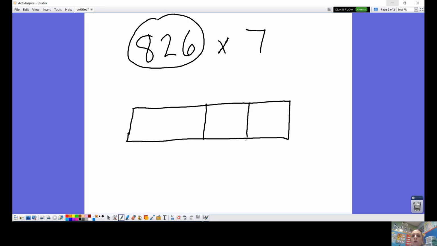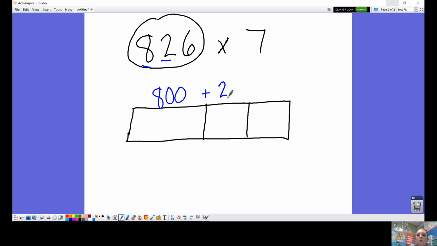Hopefully you knew to do your expanded form. 826, and we're going to expand it out into each place. I know that if there's 8 hundreds, then that must be 800. I know that if there are 2 10s, that 2 represents 2 10s, which is the same thing as saying 20.